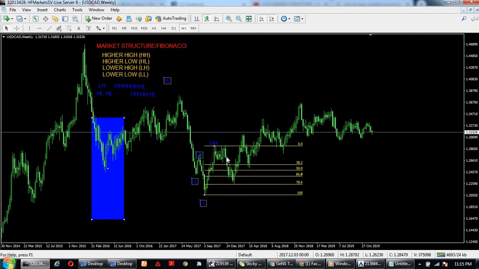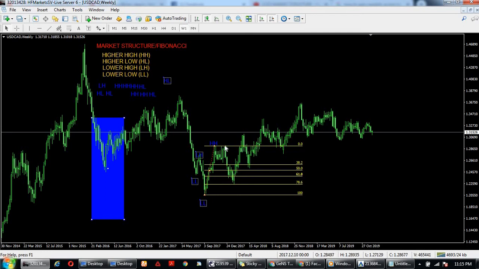And because our Fibonacci gives us better clues when and where the pullback is most likely going to end, we want to consider these areas as the strong reversal areas: the 38.2, the 50.0, 61.8, and the 78.6.